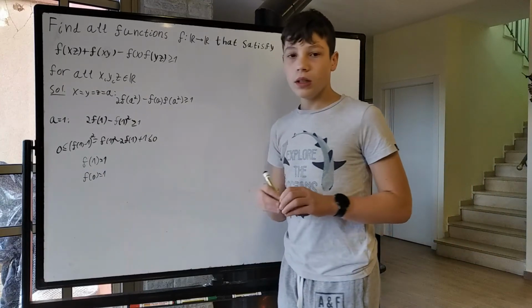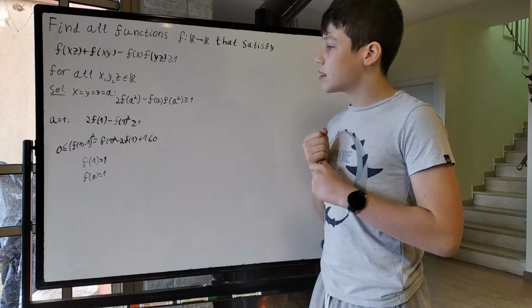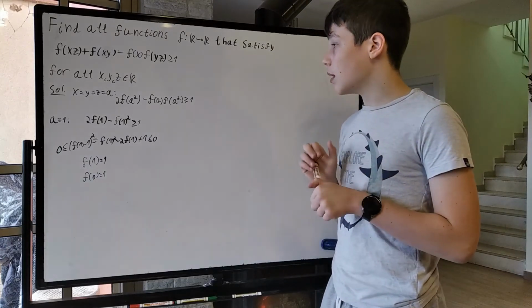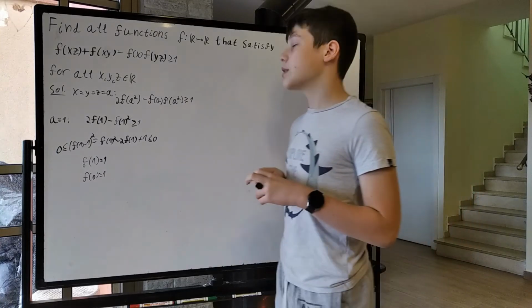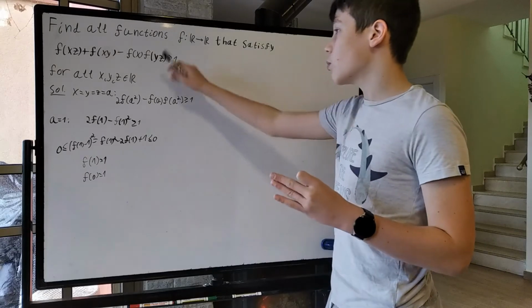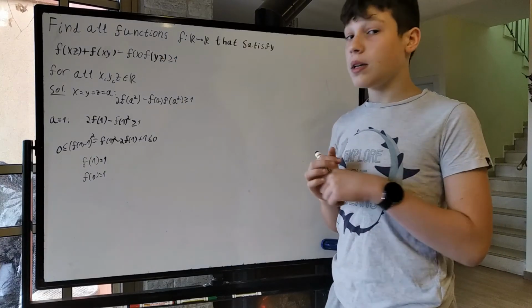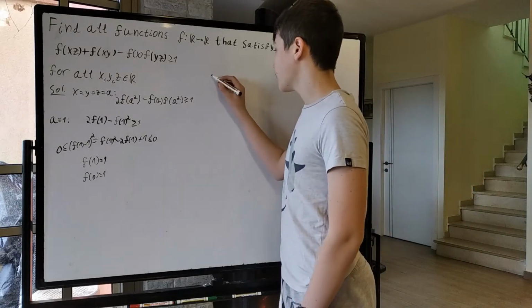Now, because we saw that the values 1 and 0 are a bit special in the way they work here in this equation, let's try to plug in just y and z are equal to, let's say, 1.